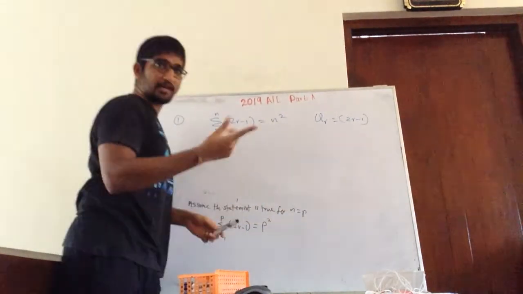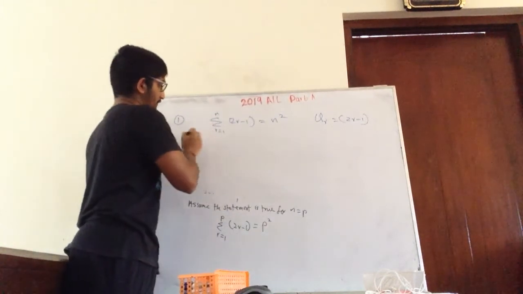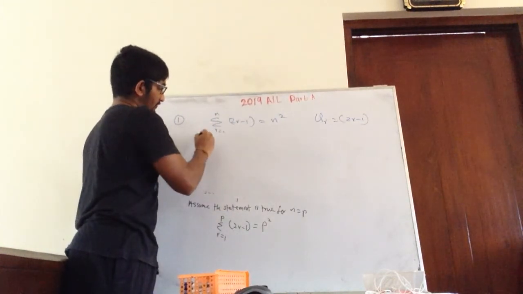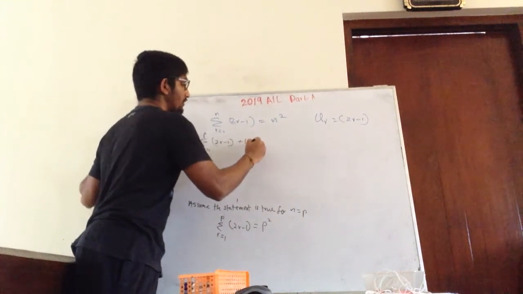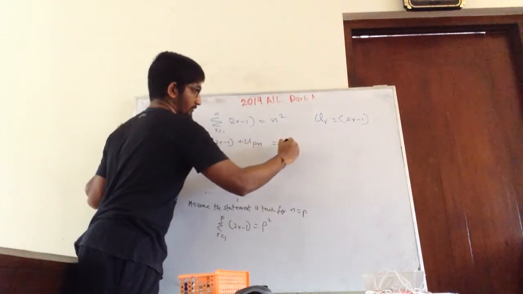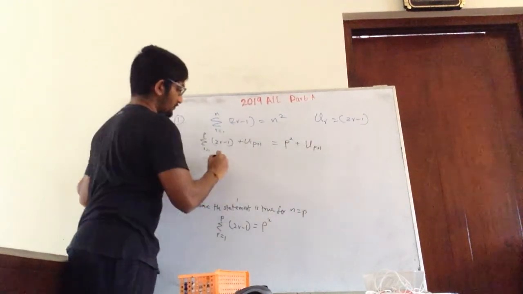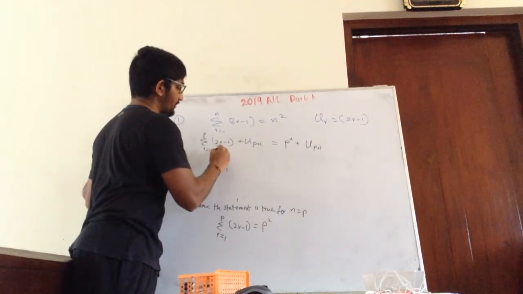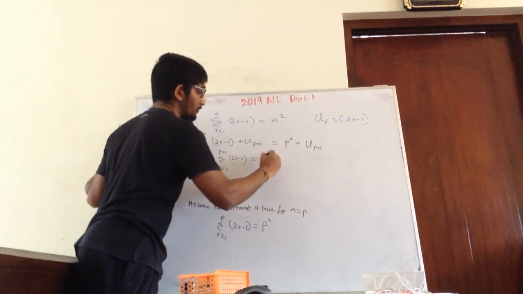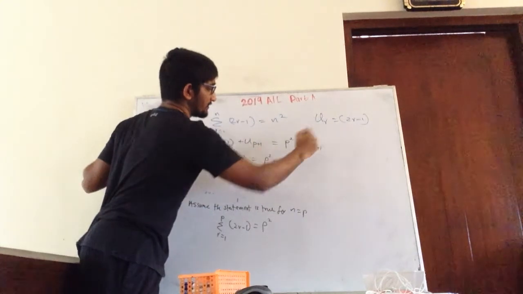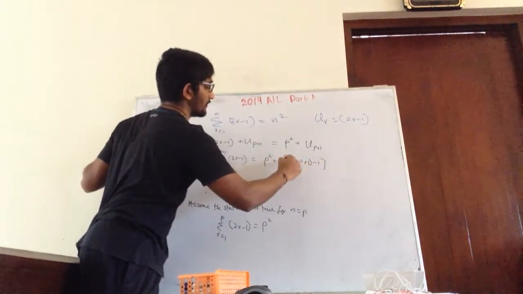So then what I am going to do is I am going to add the u_(p+1) term to both sides. Right. u_(p+1) to p squared plus u_(p+1). So then this will become the sum from r equals 1 to p plus 1 of 2r minus 1 is equal to p squared plus u_(p+1). So u_(p+1) is 2(p plus 1) minus 1.